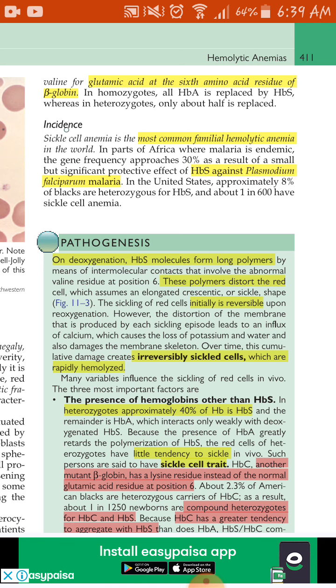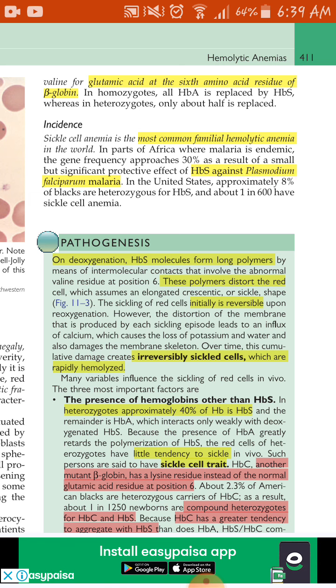Now, what is the incidence of sickle cell disease? Sickle cell anemia is the most common hereditary hemolytic anemia, and sickle cell anemia somehow provides some protection against Plasmodium falciparum, especially in the areas where malaria is prevalent, for example in Africa.